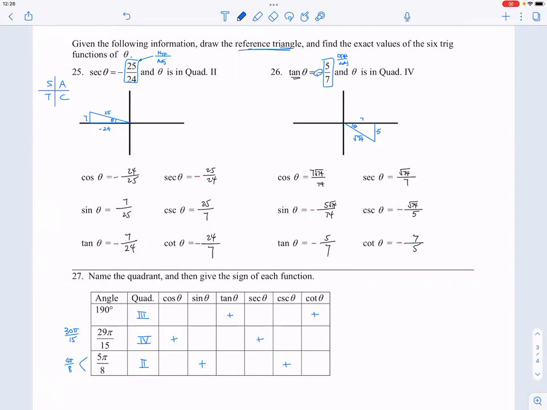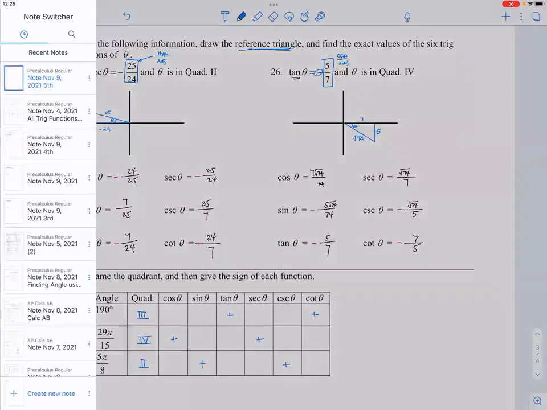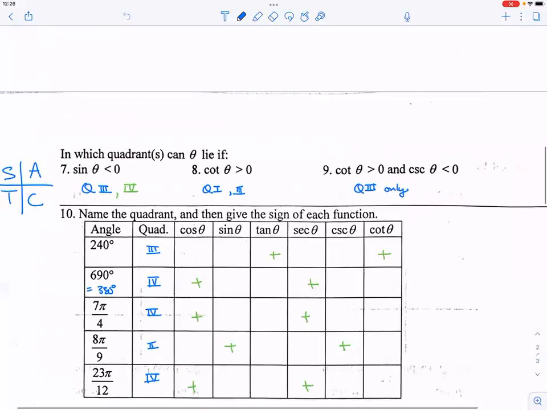Right now, 2 questions like this will be on the quiz tomorrow. There'll be a table just like this with different angles in degrees and radians. You write down what's positive and what's negative. If you look at the worksheet from last Friday, there will be questions like 7, 8, and 9. By giving you some conditions, we would like you to tell us whether it is in quadrant 1, 2, 3, or 4.